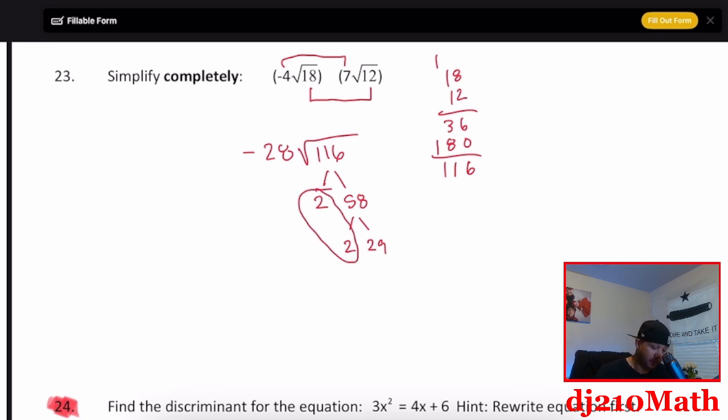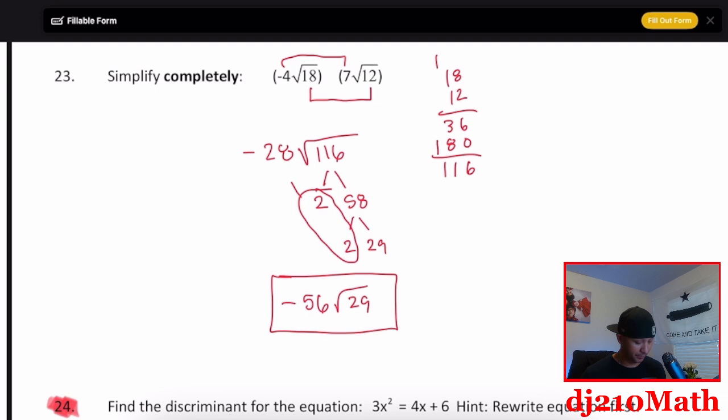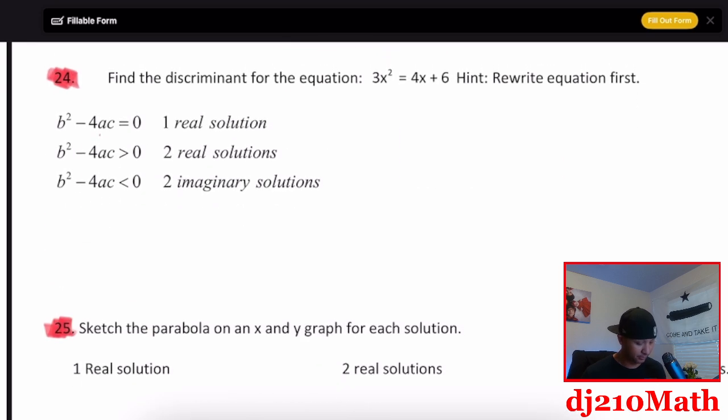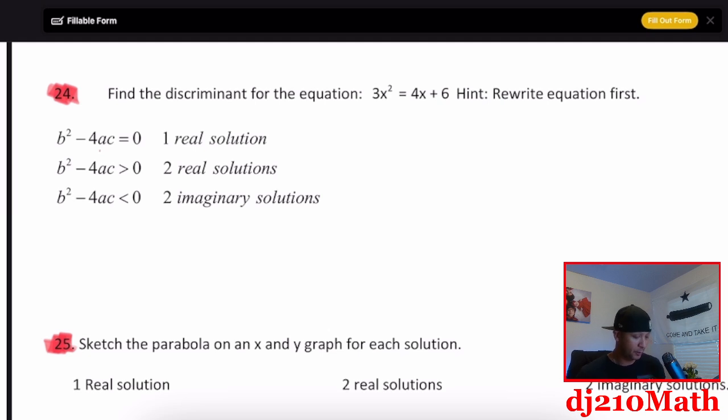So this pair is going to come out. Negative 28 is already outside, so 2 times negative 28, 56, negative 56 root 29. Now, there's multiple ways of doing that, but that's what it is.